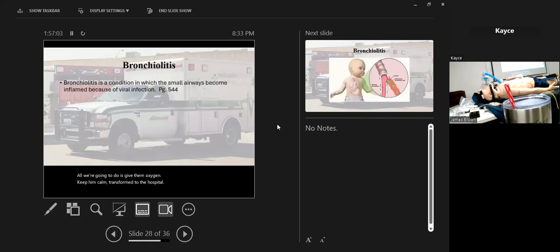Right. So bronchiolitis. Again, it's a viral infection that affects the bronchioles. This one, you'll see a lot of cold-like symptoms: coughing, fevers, runny nose.